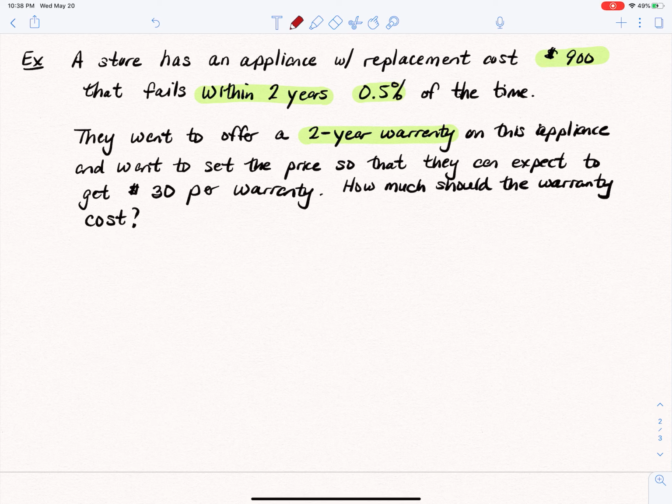Remember, in the previous example, we charged $36, I believe it was, for the warranty, and we expected to get a little bit less. So here, we're kind of reversing it. We want to make sure we get $30 per warranty. How high should we set the price? We don't know, so I'm just going to say X is the price of the warranty.